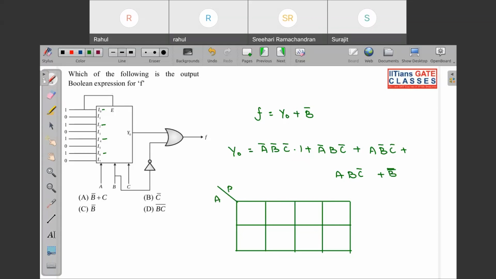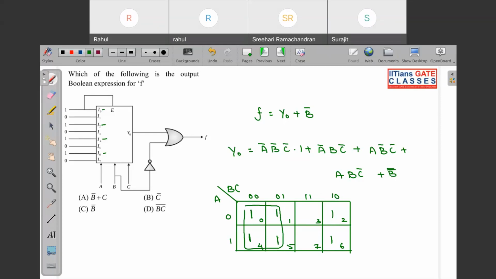It depends how good you are. Okay, so this is 0, this is 2, this is 4, and this is 6, and we have B complement. B complement means all the places where B is 0. So here B is 0, even here B is 0. So all these places need to be filled.